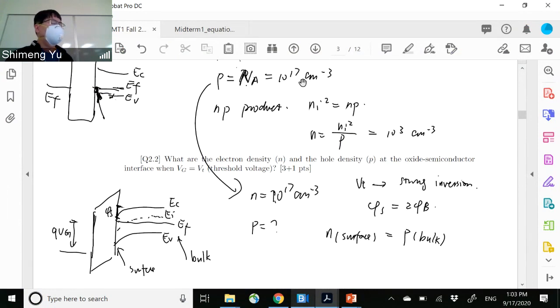The n-type you inverted at the surface is as strong as the p-type in the bulk substrate. Then you can also get P is 10 to the power 3. Now the hole becomes the minority, right? And again, according to the NP product, if N becomes 10 to the power 17, P should be 10 to the power 3. All right, any questions here?